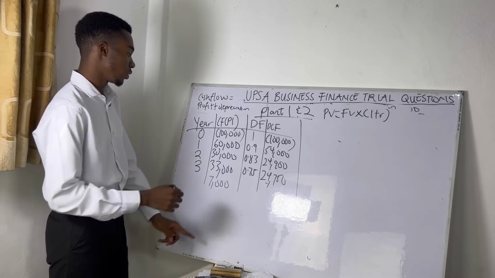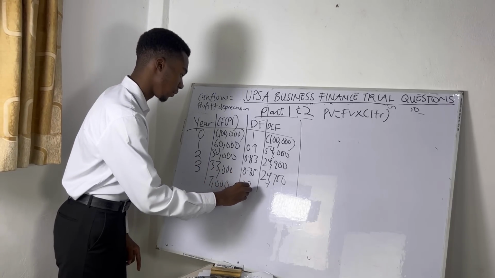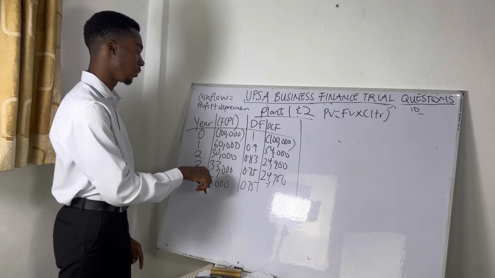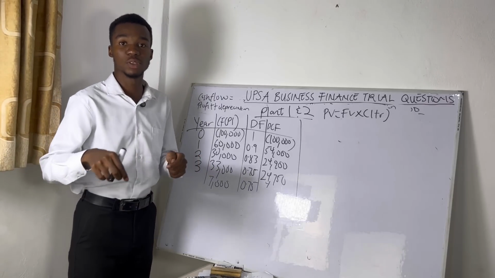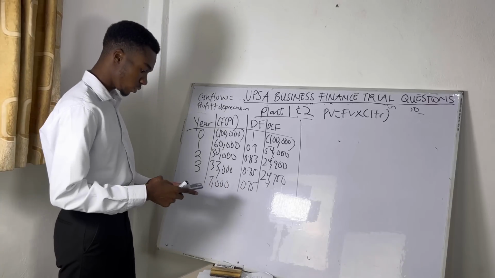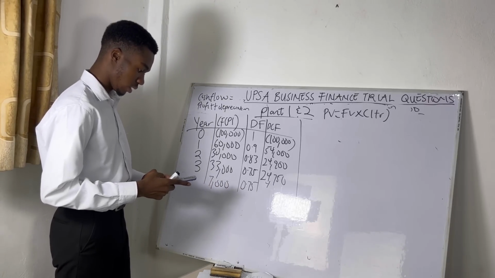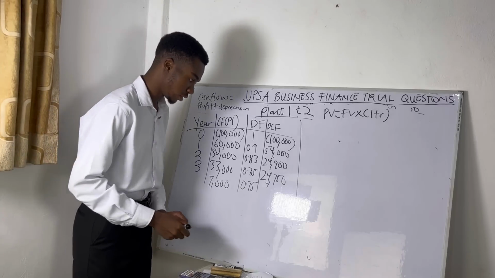The discount factor is going to be the same as what we got at year 3, 0.75, because it's also in year 3. To find the present value of the residual value, how much it is going to be worth now, it's 7,000 times 0.75. You are getting 5,250.